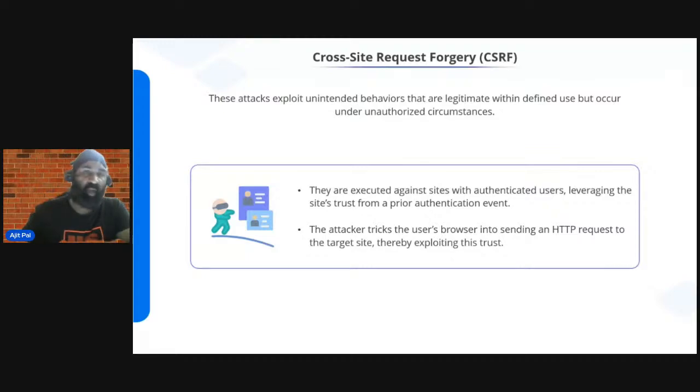They are executed against sites with authenticated users, like Ajit here, leveraging the site's trust from the prior authentication event where Ajit has logged in, thereby tricking the user's browser into sending an HTTP request to the target site, exploiting this trust.